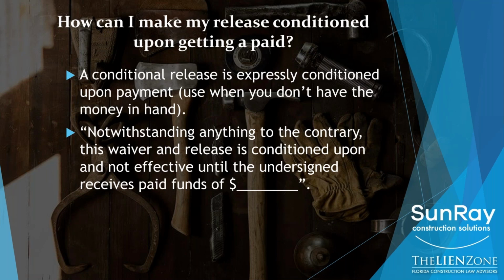The reason this is important is because if you give someone a release that is not contingent on actually receiving the money, and they pass that on, so let's say you're a supplier and you provide an unconditional release, and then you give it to, let's say you're an electrical supply house.